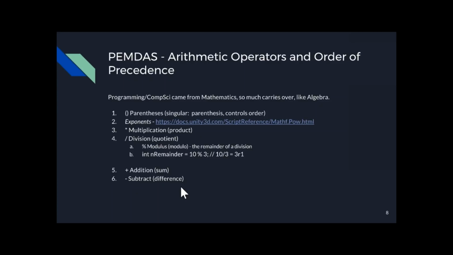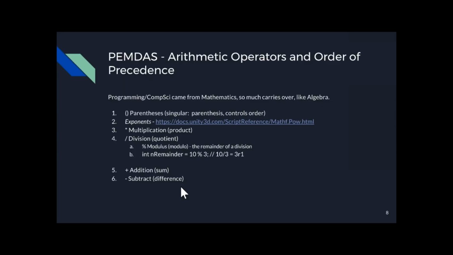The reason we introduce floats now is because you can use that kind of math, compared to integers. Integers would give you just the raw 3 back. 10 divided by 3, 3. Using the float version of that, you can get much more precise information. 10 divided by 3 is 3.333 repeating.